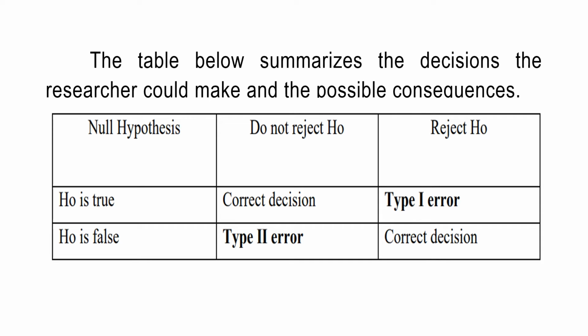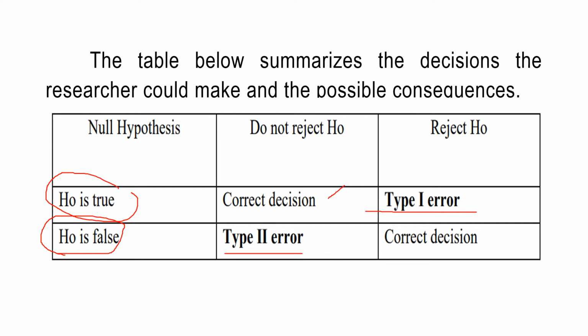So if your null hypothesis is true, our correct decision is to accept it, right? So if we reject a true null hypothesis, that's a type 1 error. Because in reality, if your null hypothesis is true, then we need to accept it. Now, if your null hypothesis is a false statement and we accept it, that's a type 2 error.